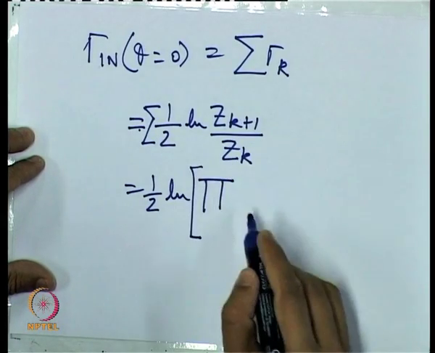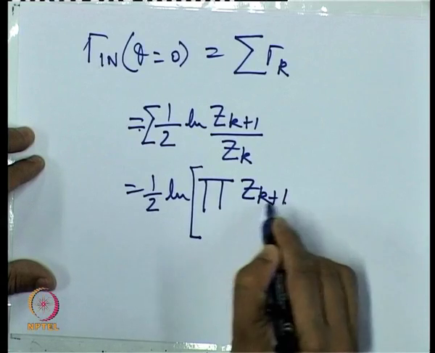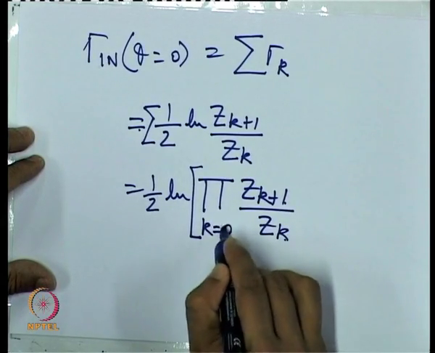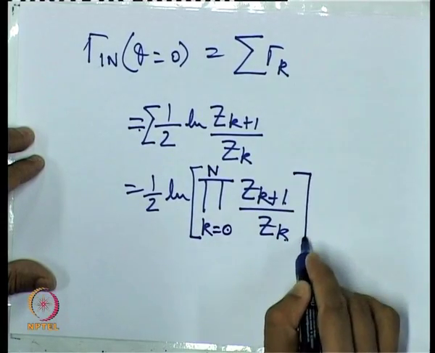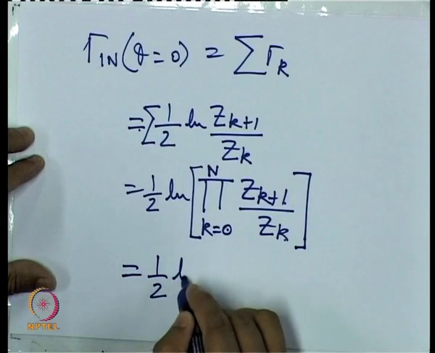The summation of the logarithmic series will convert to a product, and this is equal to half.